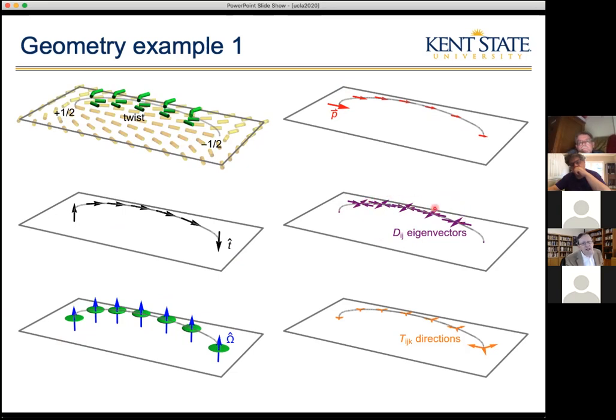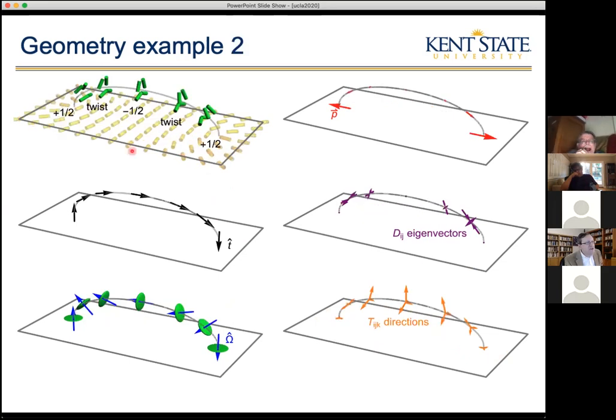It's big in the middle, and it's zero where the director is planar. And then here's the triad to characterize the minus half part of the structure. It's zero where you have a plus half, and it grows and becomes biggest over here where it's minus half, and there it identifies the orientation of the triad.